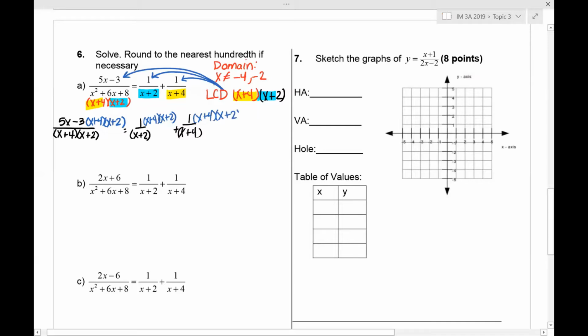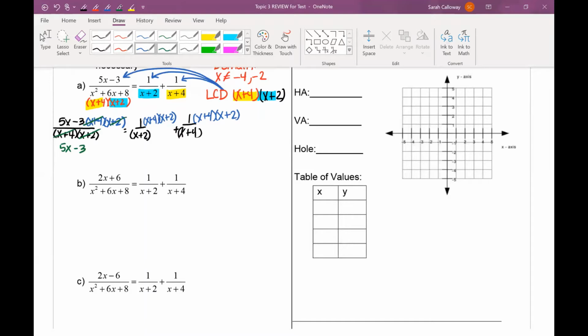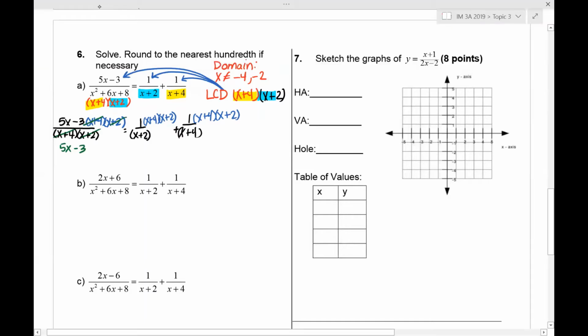Remember that the purpose of this is so that the denominators reduce away. So I'm multiplying by the LCD so that all of the denominators reduce. So for the first fraction, all that I'm left with is 5x minus 3. For the second one, I have an x plus 2 in my denominator, so I can reduce that with the x plus 2 in the LCD.